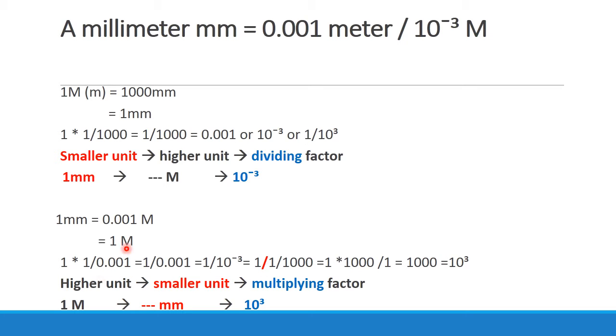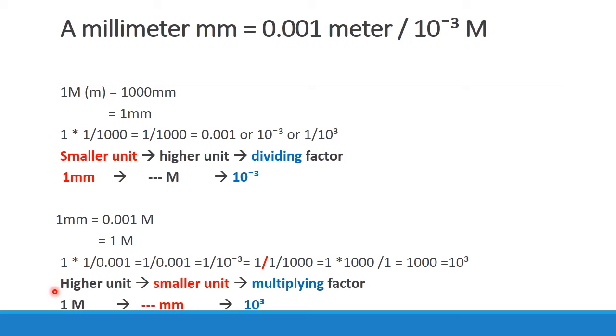So here in this example higher unit is 1 meter, when it is converted to smaller unit, that is to mm, you will be getting the multiplying factor, that is in this example it is 10 to the power of 3.